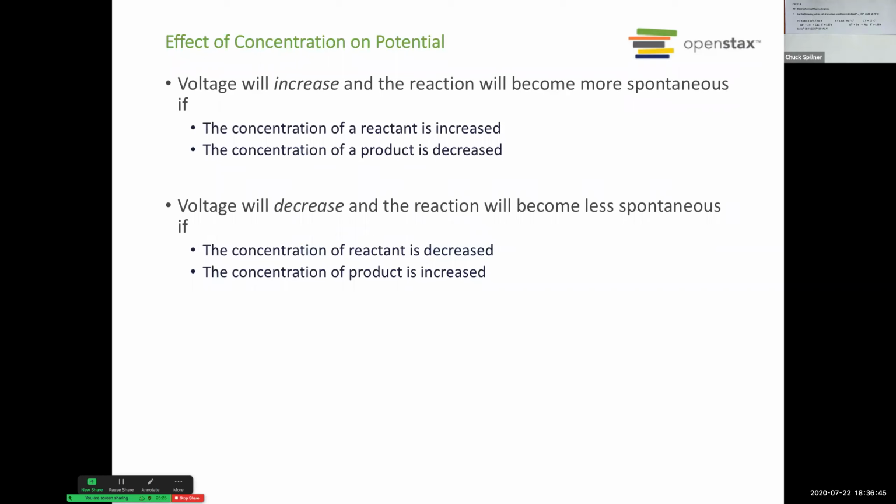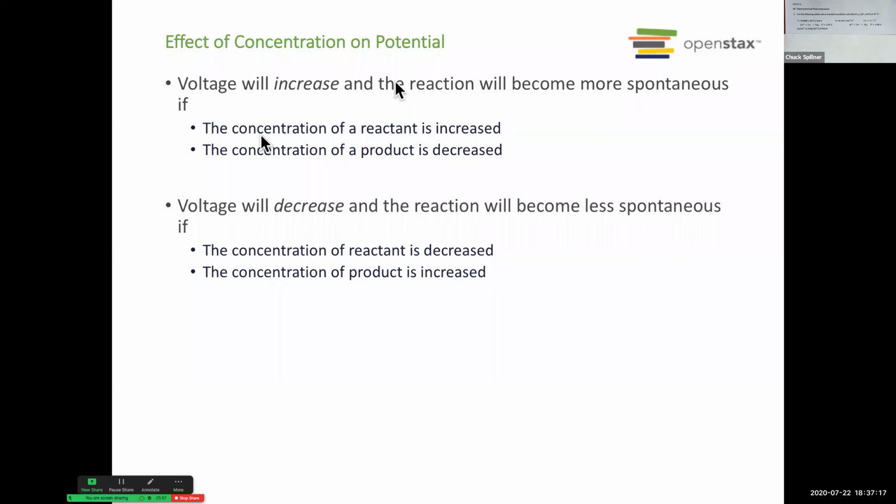Before we get to that, let's talk about qualitatively what happens to a cell if we change the concentrations. In terms of K, remember K, the equilibrium constant, is the concentration of products over reactants. K greater than 1 is going to favor products.